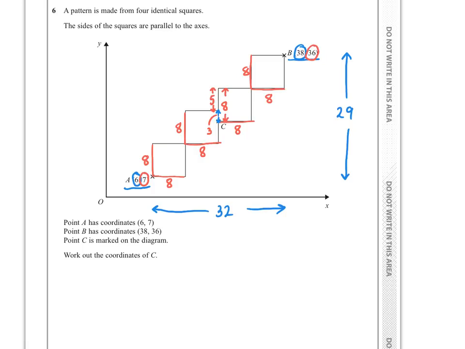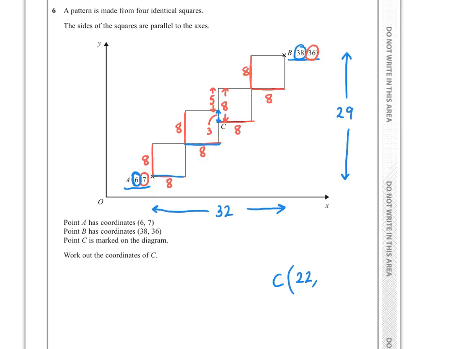So what's the coordinate of C? Well, we know we've got to go 16 along, but we started at 6, so we've got 16 to add to 6, which gives us 22 along so far. And how far up?